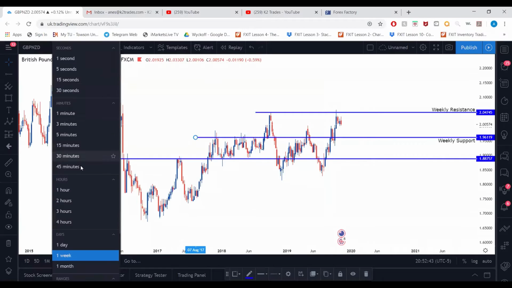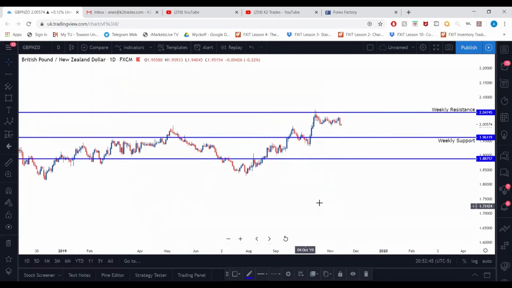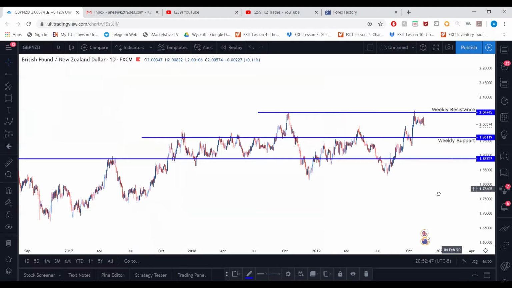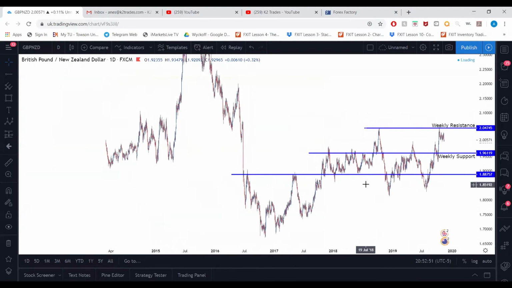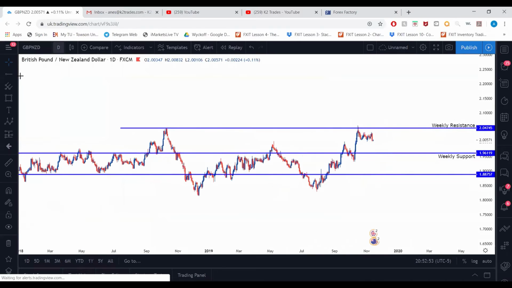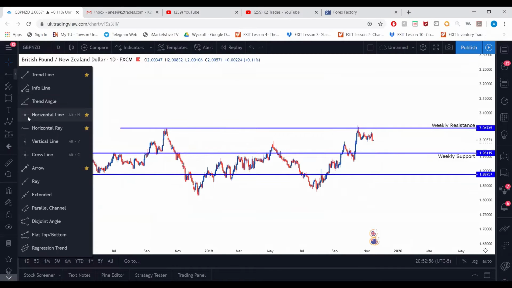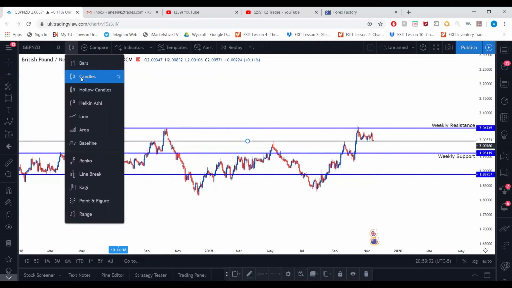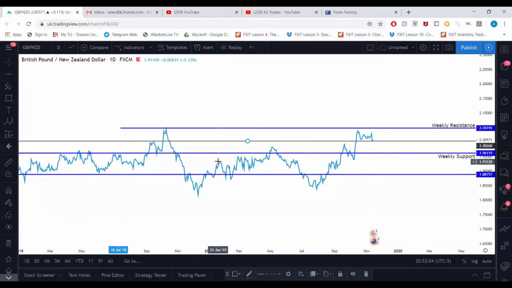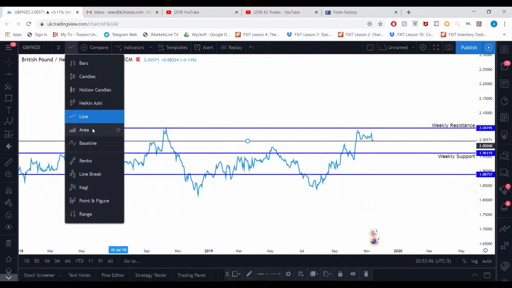And now we're gonna go on the daily just so we can see some extra zones that are very important, like this one right here. I can already spot it. It really matters, because that's what is rejecting price right now. Yeah, perfect.